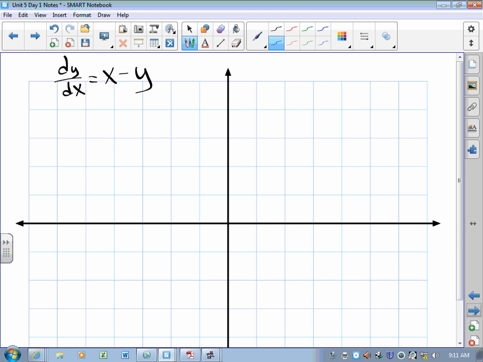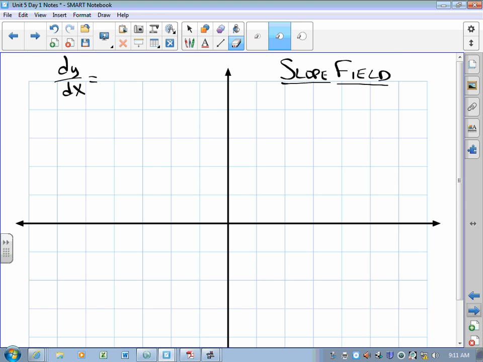And so what I'd like to do is generate for us something called a slope field. And all a slope field is, is a whole bunch of pieces of tangent line that give us a sense of what solution curves might look like. That's all it does. And I'm not going to start with that big nasty one.